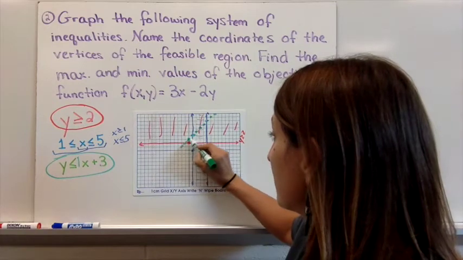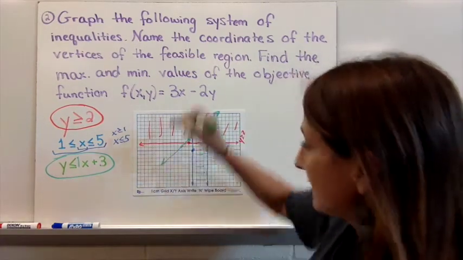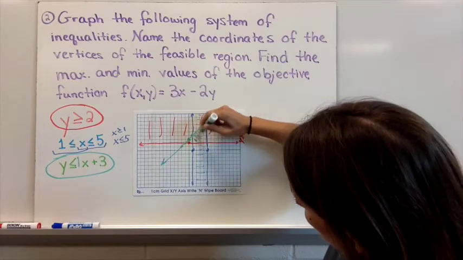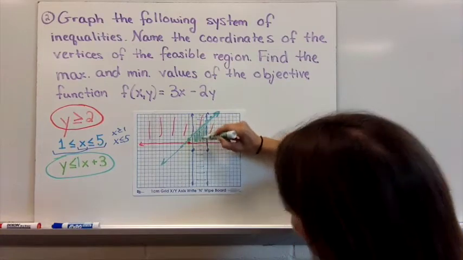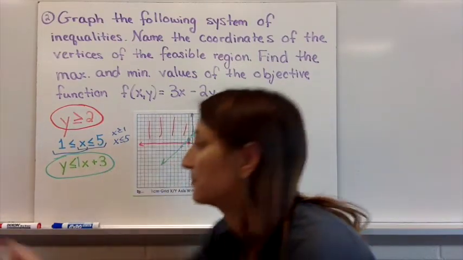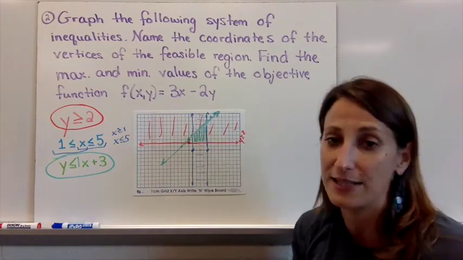But we're going to connect it with a solid line. Hopefully you're going to connect through the points. And less than means we're going to shade below. So now we see where the 3 overlap. It's right in here. So that means that is our feasible region right there.